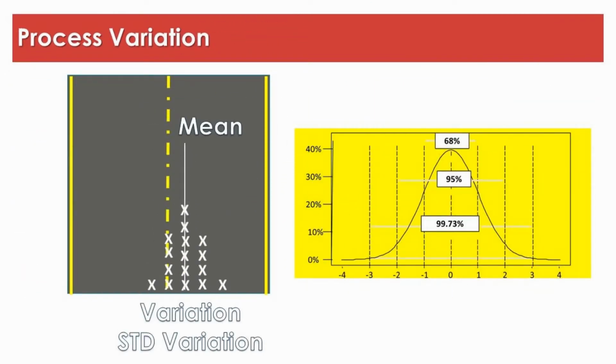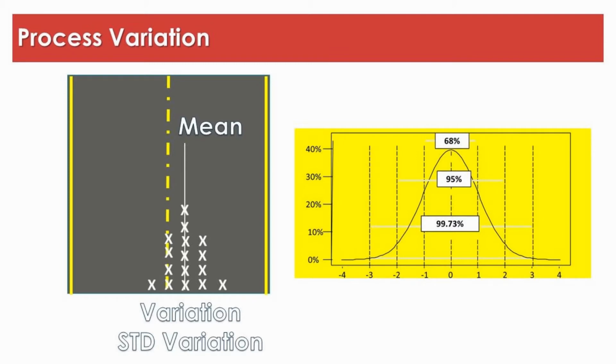With these 2 parameters, mean or average and standard deviation, we are going to be able to calculate the probability of occurrence of our values. So if we have a mean or an average and I step up 1 standard deviation and step down 1 standard deviation, I'm going to have 68% of the data.